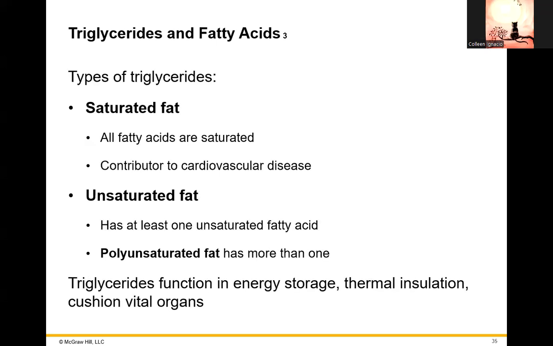Okay, so let's talk now about the types of triglycerides. There's saturated and unsaturated as well. The important thing to note with triglycerides is they function in energy storage. They help with insulation and they cushion vital organs. So every single human needs a certain amount of fat or adipose tissue.